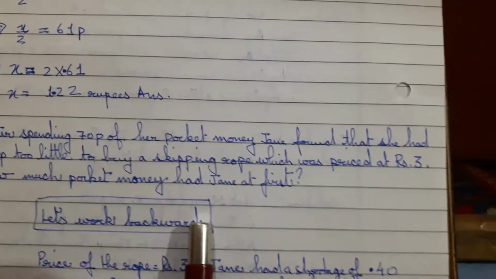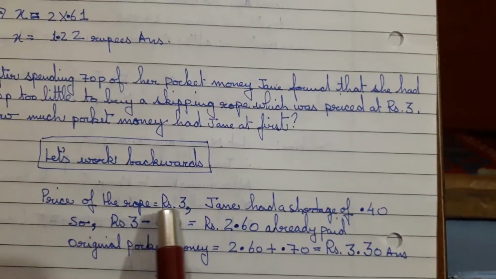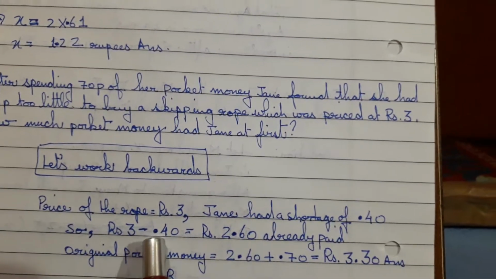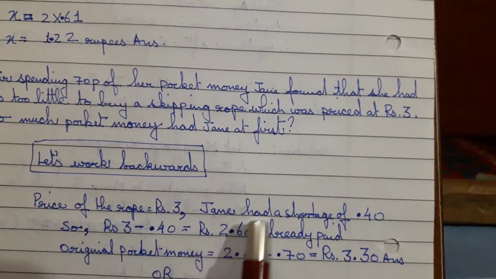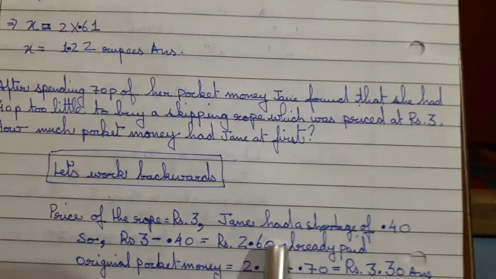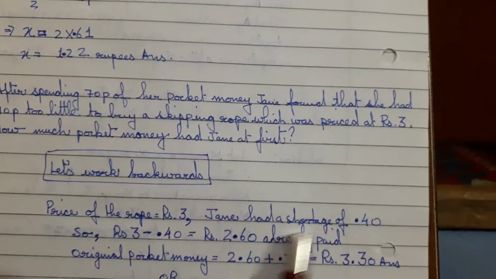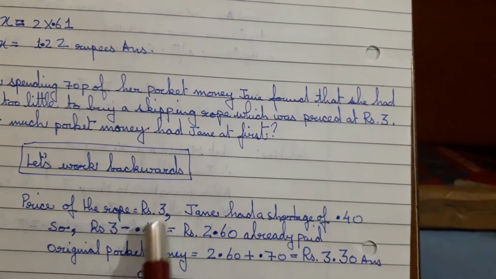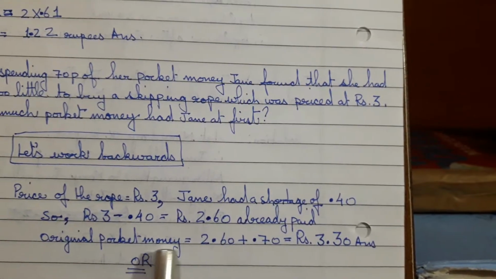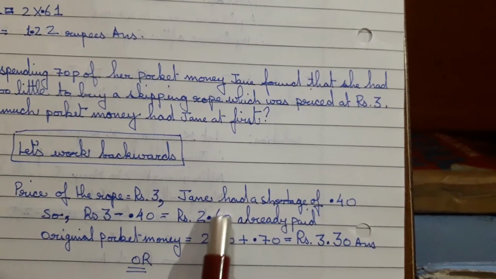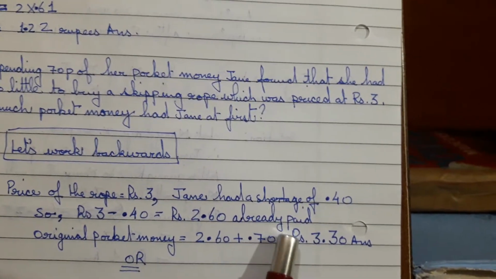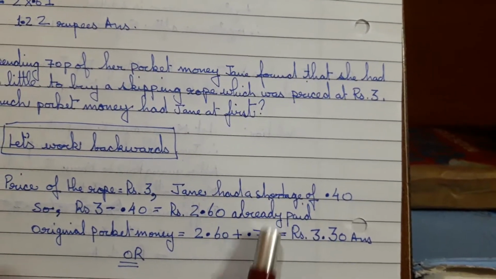So let's work backwards. Price of the rope was rupees 3. Jane had a shortage of 0.40. So 3 minus 0.40 is rupees 2.60. So rupees 2.60 she has already. Now that's how she'll be left with 0.40. So original pocket money would be 2.60 plus whatever amount she had spent over here, 0.70.